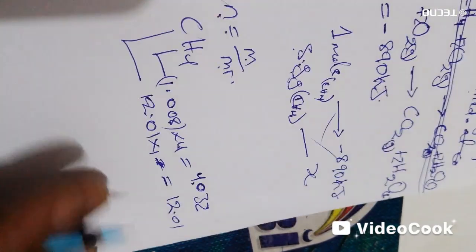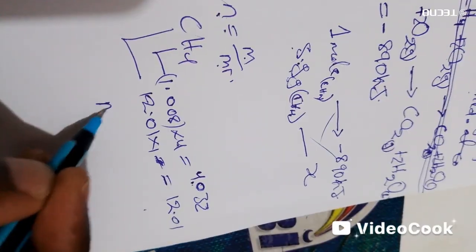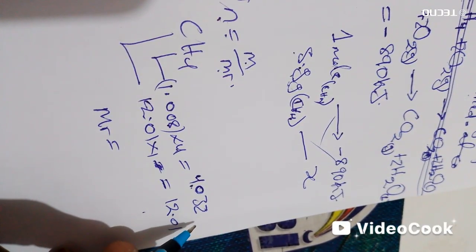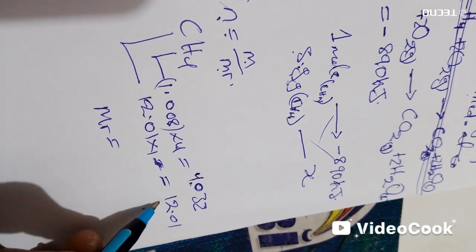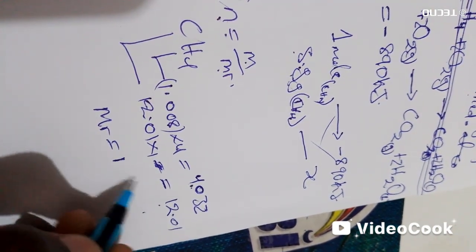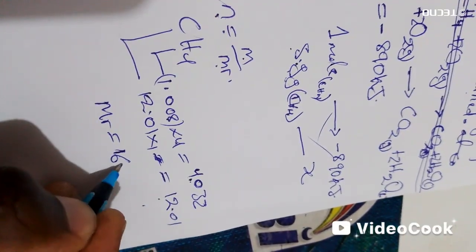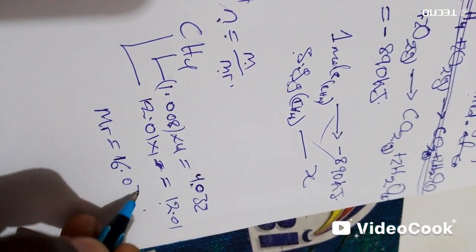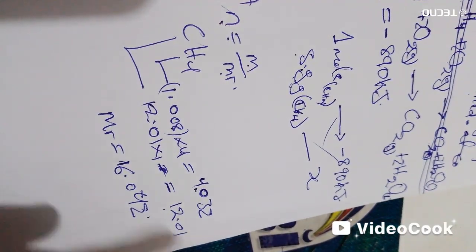Then we add these two together to get our Mr. So 4 plus 12 leads us into the 16s. So that's our Mr, 16.042.